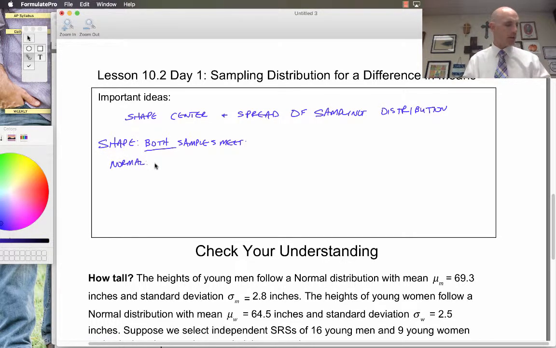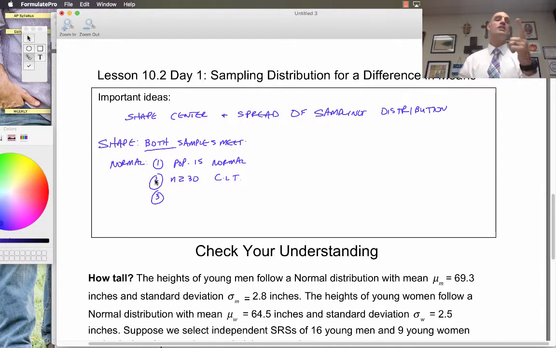Because this is mean, we could say the population is normal, or we could say that n is greater than or equal to 30, and that would be for the central limit theorem, because we're dealing with means. Or if we have no indication that they're normal or that the sample is over 30, we could have no strong skew or outliers.